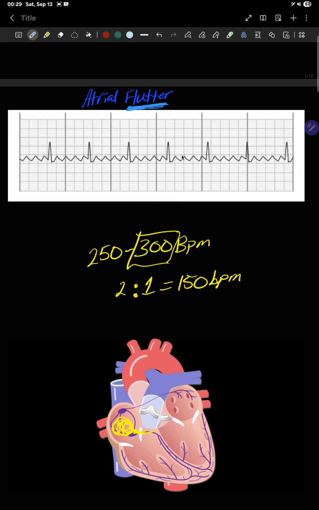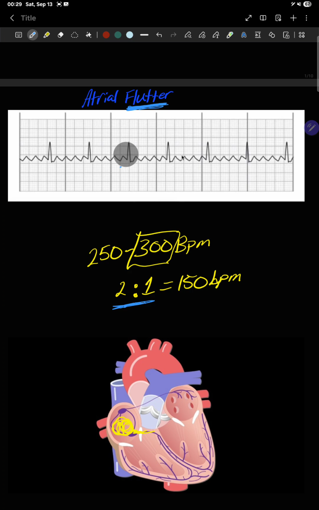Okay. Now, when talking about the ratio right here, the 2-to-1 that I was talking about, do you see that there are 4 of these saw teeth? Well, if I was to write that in a ratio, this would be a 4-to-1 ratio, because there's 4 for every 1 QRS.